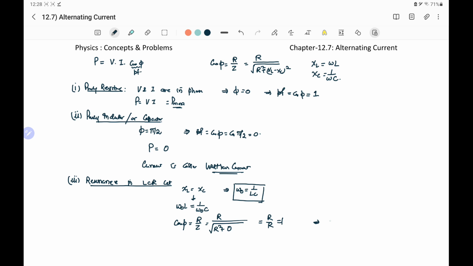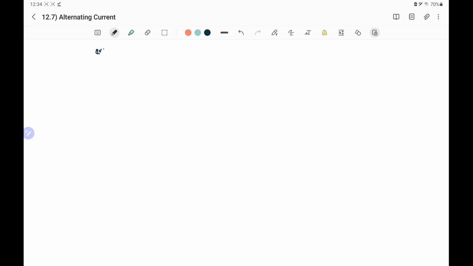This implies that cos phi is equal to 1, meaning maximum. So the power factor will be maximum, and in this case also there will be the maximum power dissipation through the resistor R.